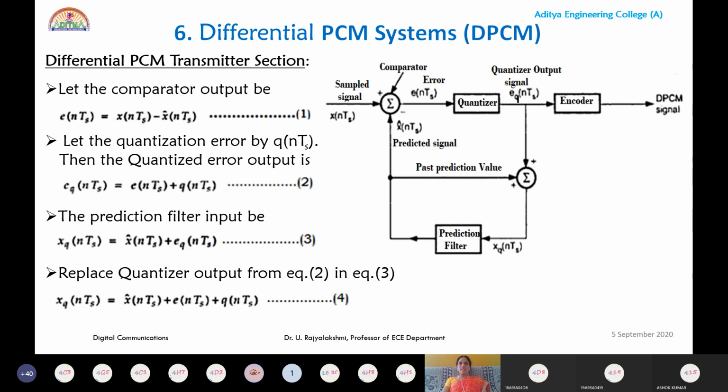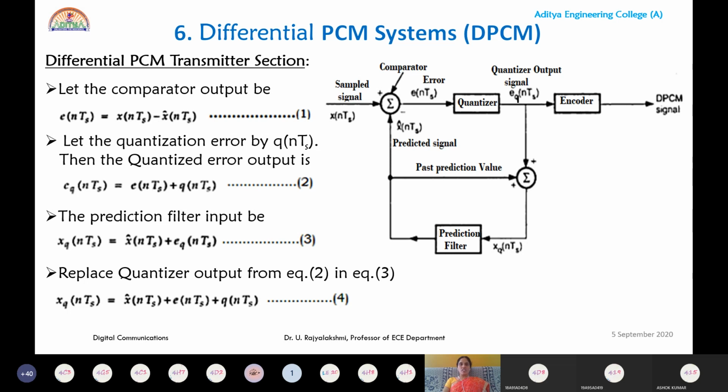Now the difference data bit is applied to the quantizer. So what is the output of the quantizer? Even with the difference data bit, this quantizer will inherit some sort of error. Let that quantizer error be q of nTs, shown in equation 2. So the total output of the quantizer is the sum of the input e of nTs and q of nTs, the quantization error, that is eq of nTs. Take that as equation 2.